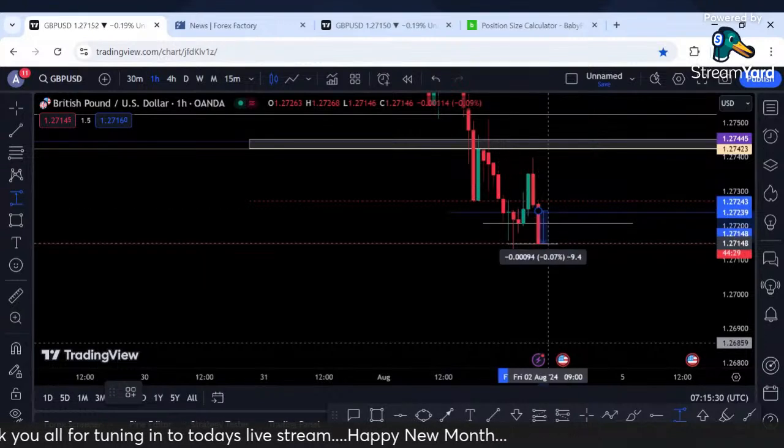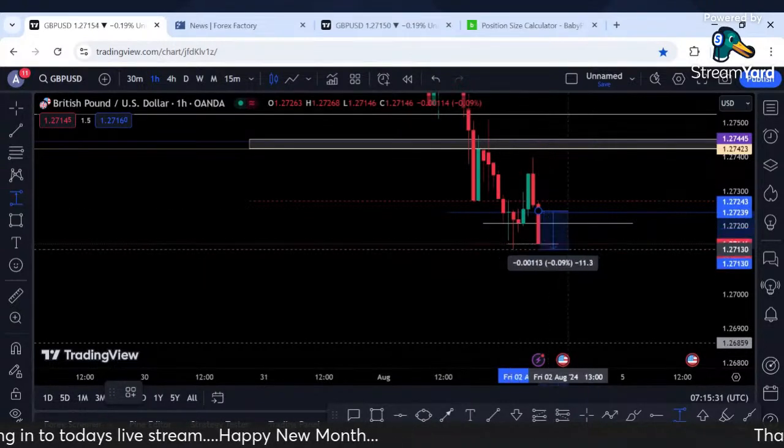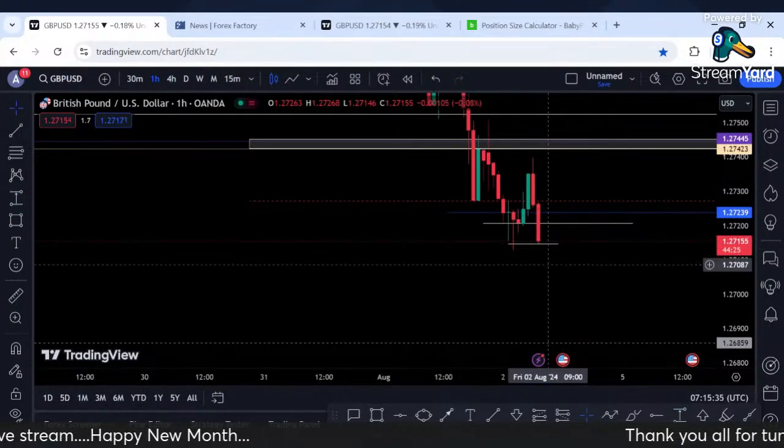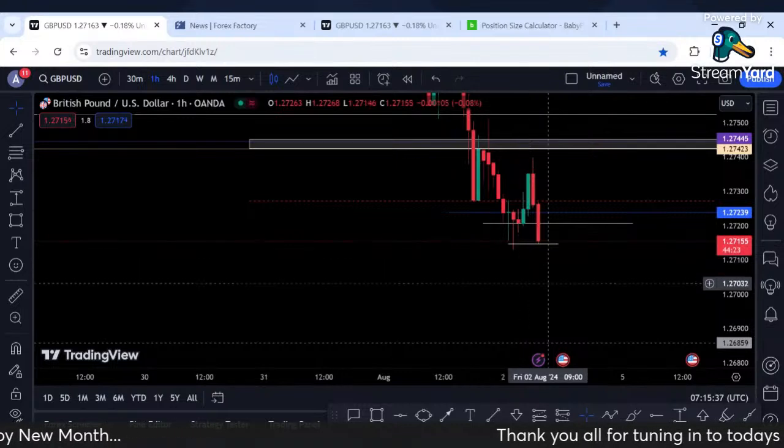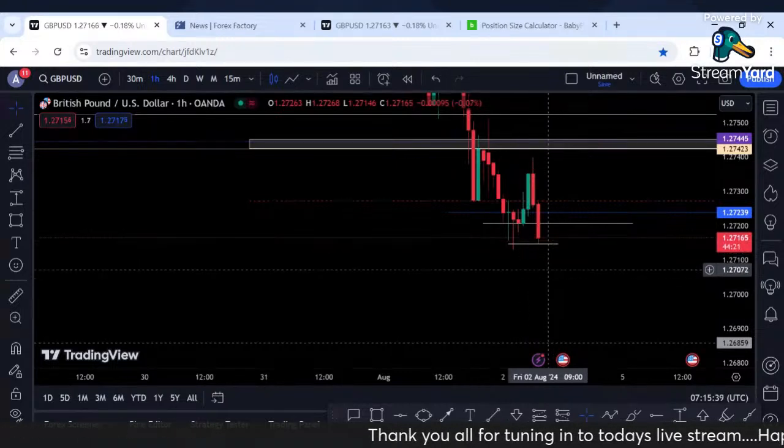So how many pips move? So 9 pips. A 9 pip move.